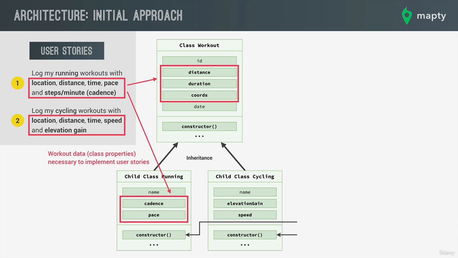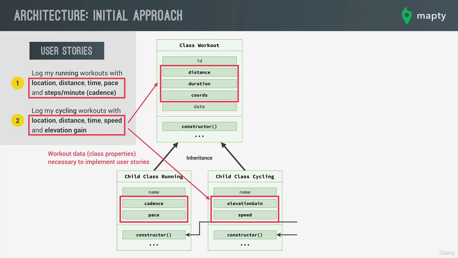So the cadence and pace are specific for running, and then the elevation gain and speed are specific to the cycling. Okay? But once again, the cycling also has distance, duration, and coordinates, and so that's why they are there in the parent class, so in the workout class.